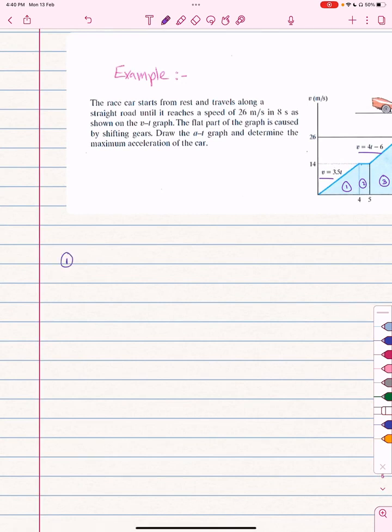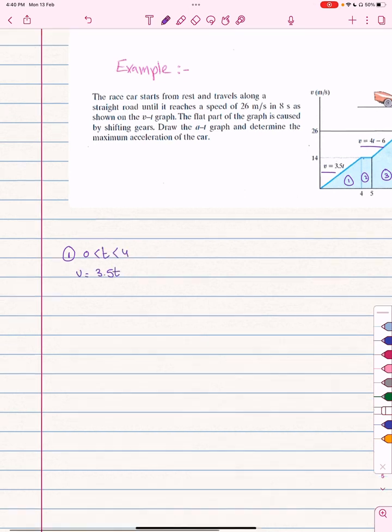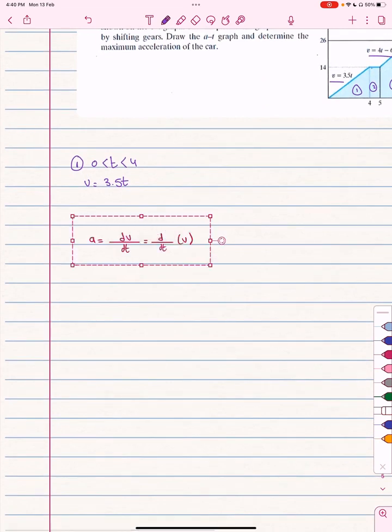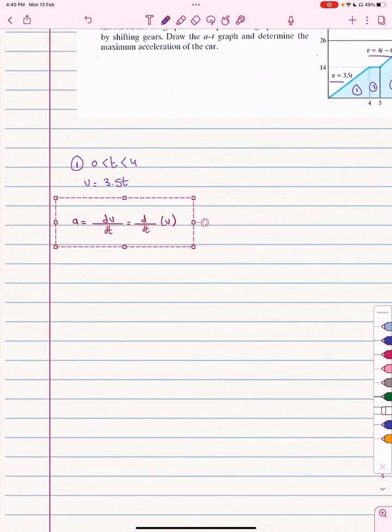the first period of time starts from 0 until 4. V equals 3.5 t. We'll be using this formula, as we have V and want to find the acceleration.